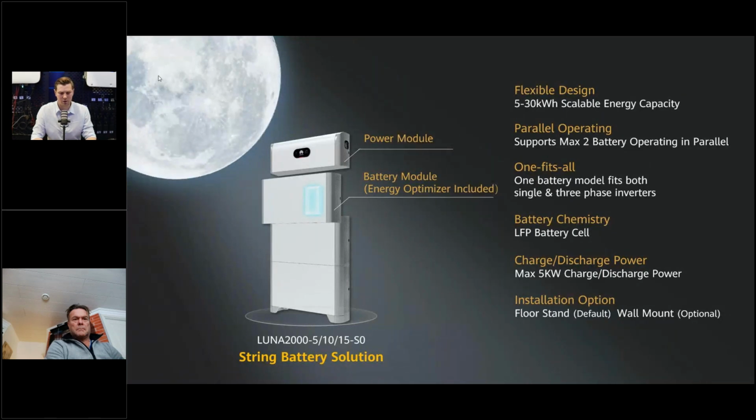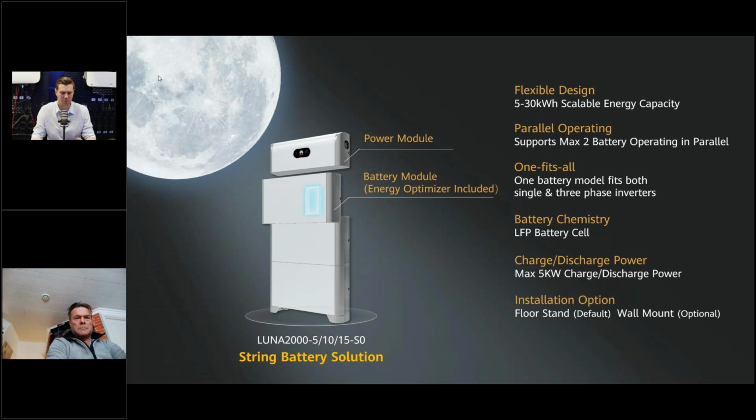It allows us to charge the Luna battery even if our grid is off. So this is a huge advantage. Also, this allows us to supply our output when we have a blackout. So those two functions are very, very useful.